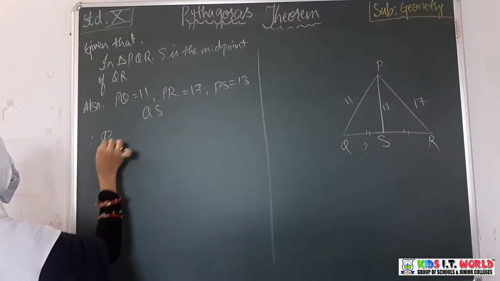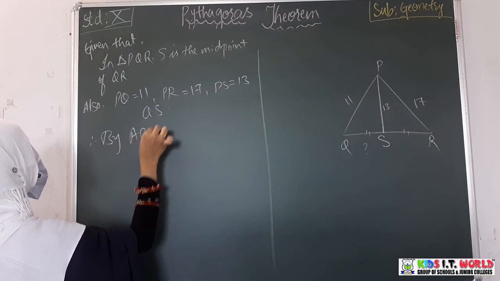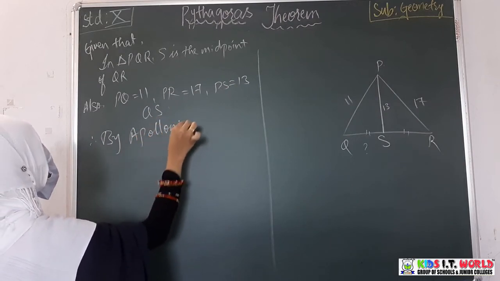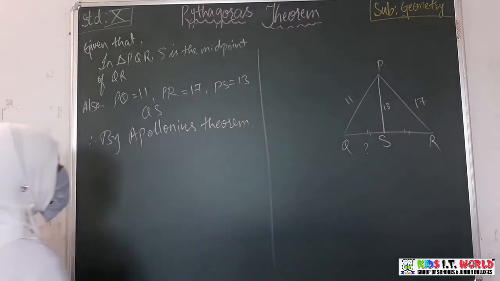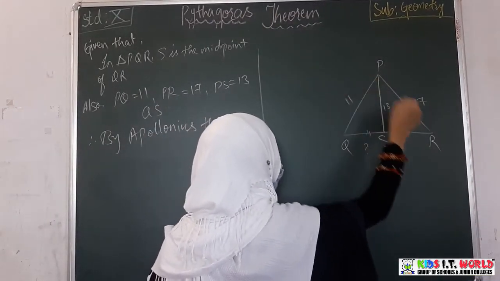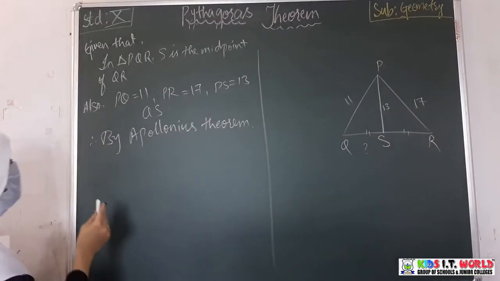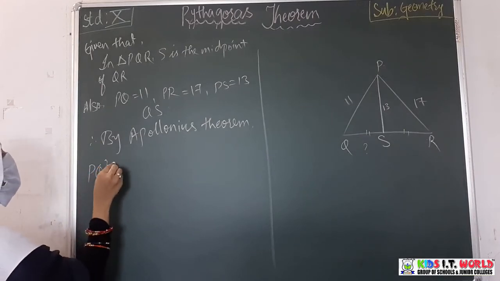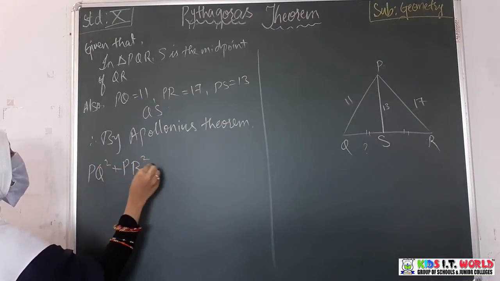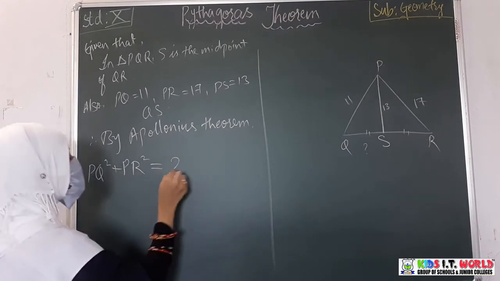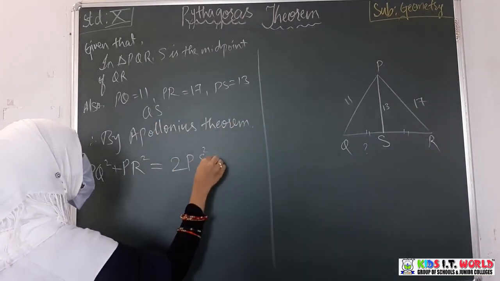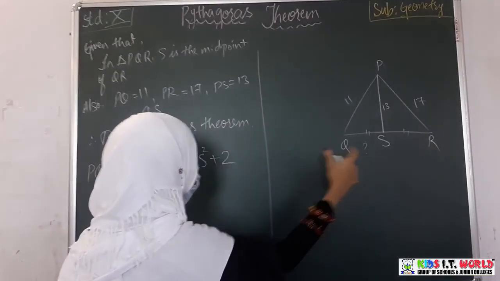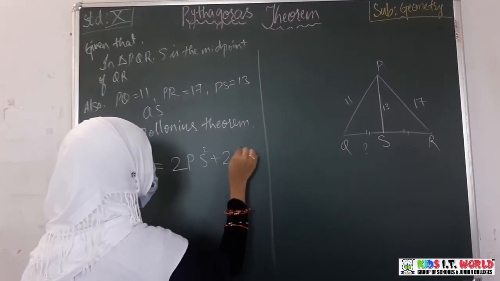Therefore, by Apollonius theorem, what is Apollonius theorem? The addition of squares of the remaining two sides, that is PQ square plus PR square, is equal to 2 times the median, that is PS square, plus 2 times the half part of the divided side, that is QS square.